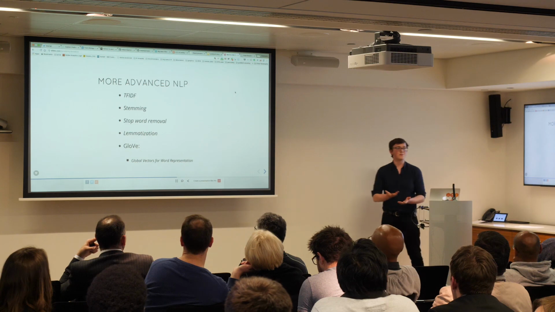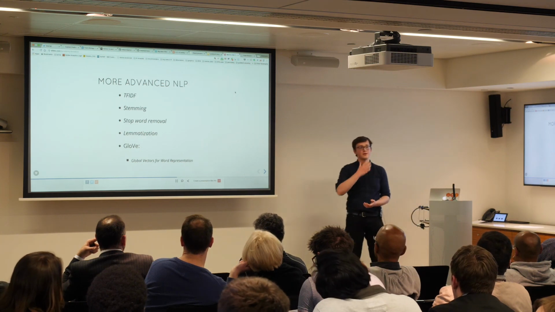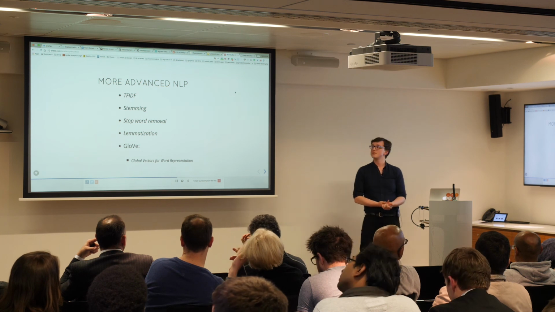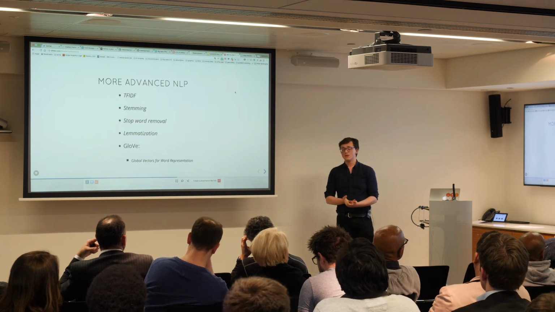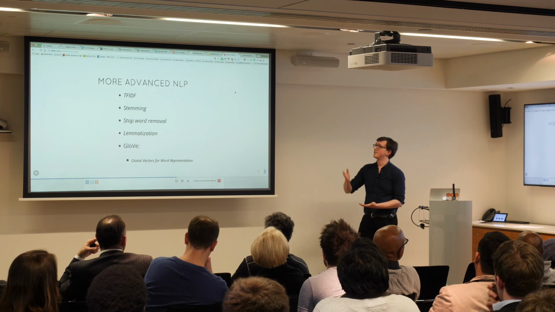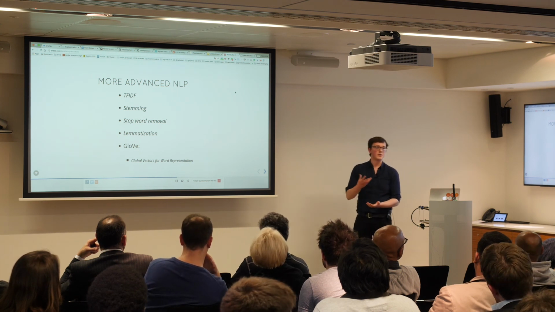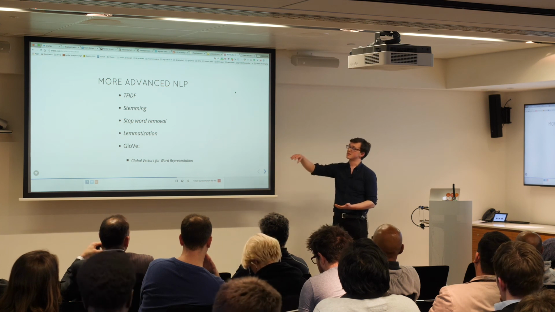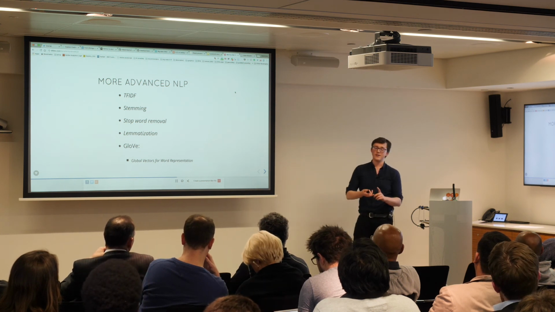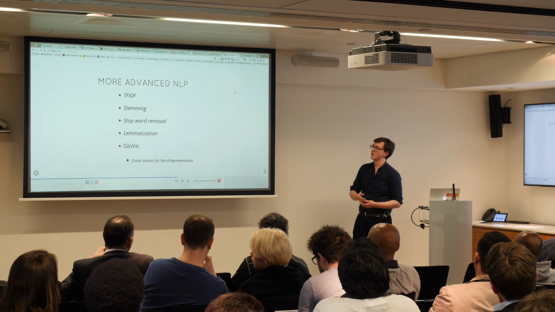NLP is obviously a massive area, and there's loads of libraries that we could use to extract better features from the set. So the term frequency is pretty basic, because it's in the minutes. There's no inverse document frequency, so some terms like "president" are probably coming up loads. No stemming is done, no stop word removal, so "and", "the", "of", "your" had quite an impact.